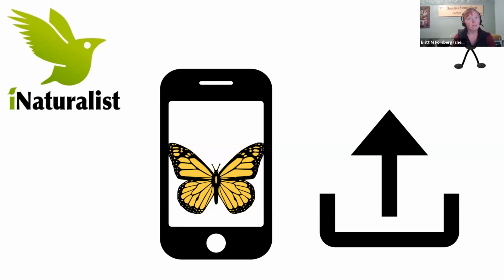And then once 2 out of 3 people have agreed on the genus and species for that photo, it will be considered research grade. That's sort of just a check mark that we trust this. When researchers access the database that goes behind iNaturalist, they'll often filter for just research grade, like these are ones that they feel are more accurate.